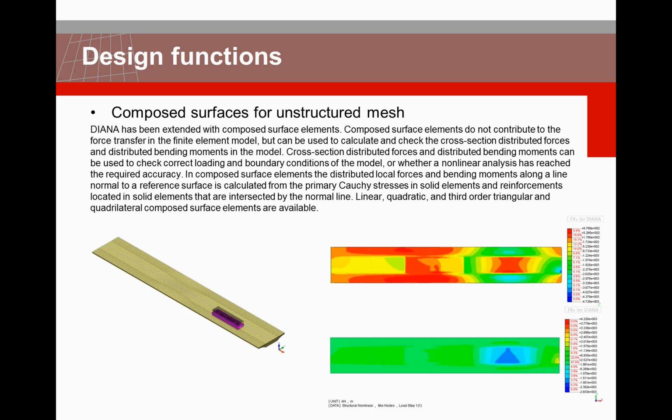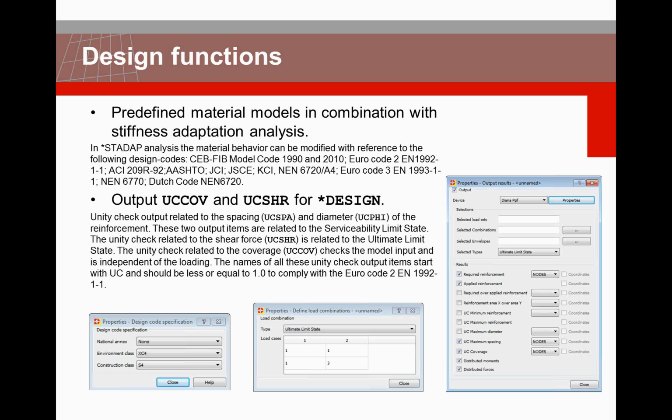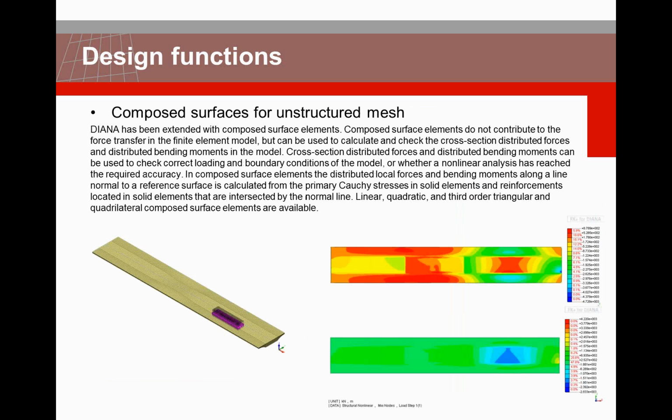And in Diana 9.5 we now offer the possibility that the user can define reference surfaces with composed surfaces in an unstructured grid, and there is no relation anymore necessary between these unstructured composed surfaces, in which we calculate the cross-section forces and bending moments, and the grid of solid elements in which the structure is defined, which gives a lot more flexibility in doing design analysis with full three-dimensional geometries.